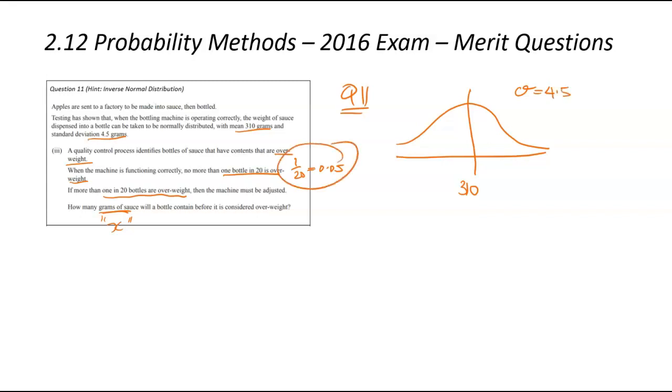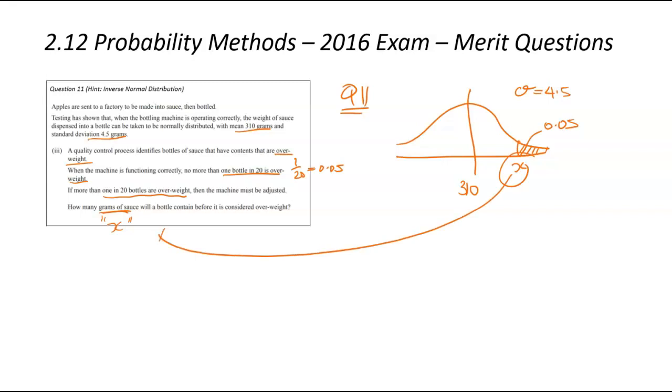So we want no more than 1 out of 20 bottles to be overweight. Overweight would be the bigger end of our scale. That means this area here would be 0.05, and that number x will relate to the grams of sauce in each of the bottles, and that'll help us determine if the machine needs adjusting or not.